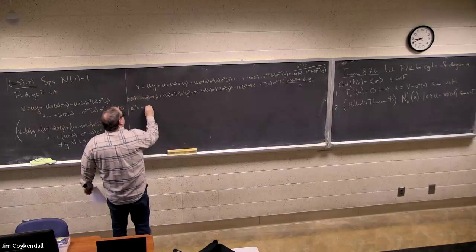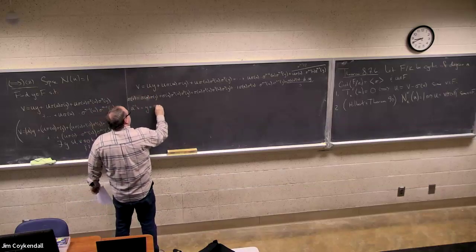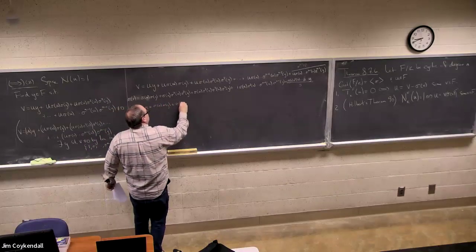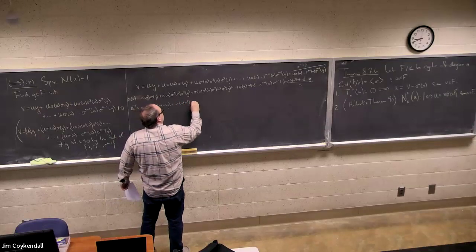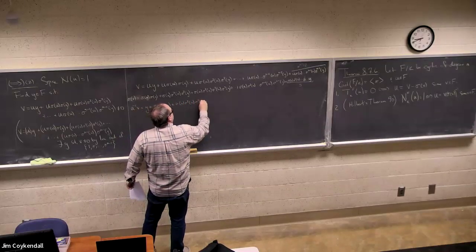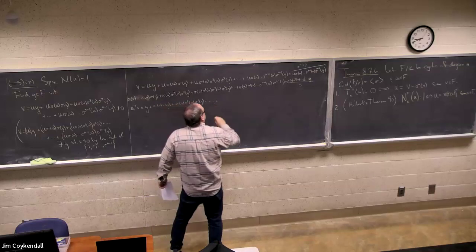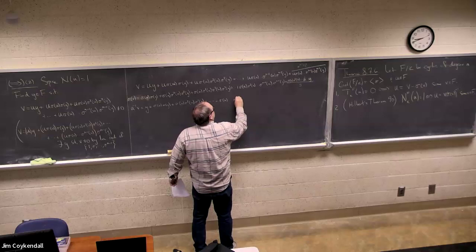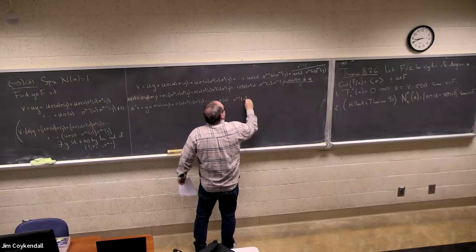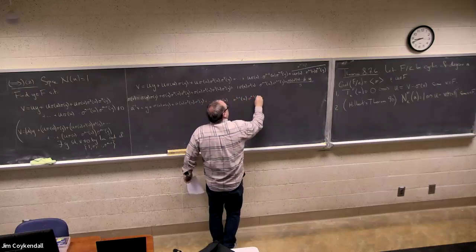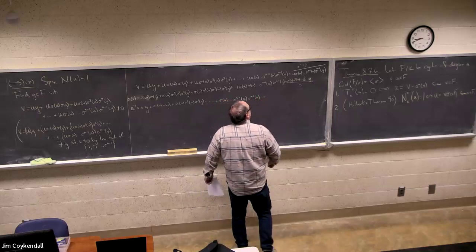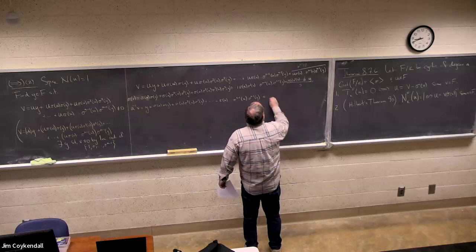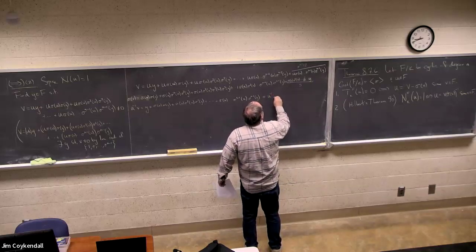Just apply U inverse. I get y plus sigma u, sigma y, plus sigma u, sigma squared u, sigma squared y, plus sigma u, sigma n minus two u, sigma n minus two y, plus U inverse.